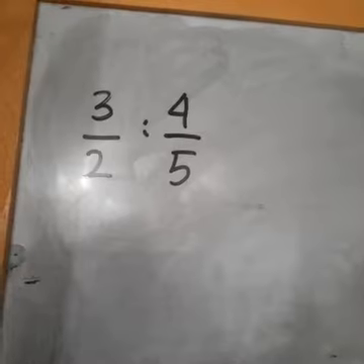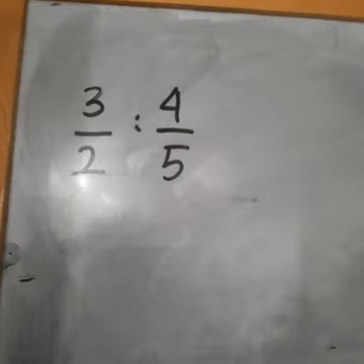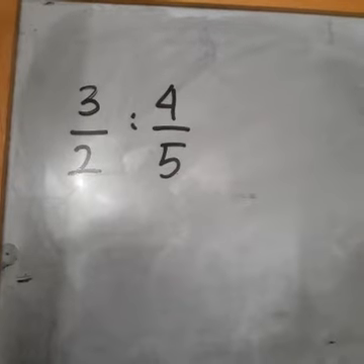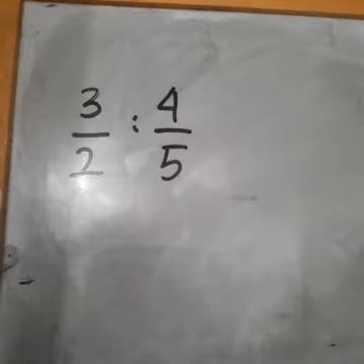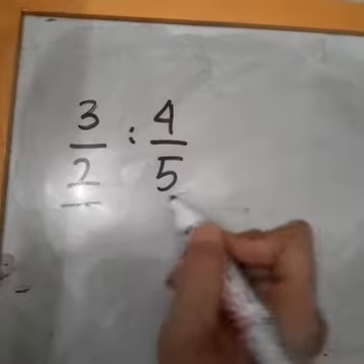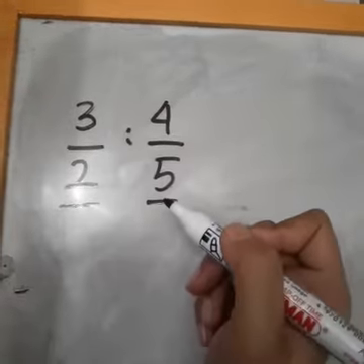So the last example is about dividing fractions. The example is 3/2 divided by 4/5. We have the first fraction and the second fraction.